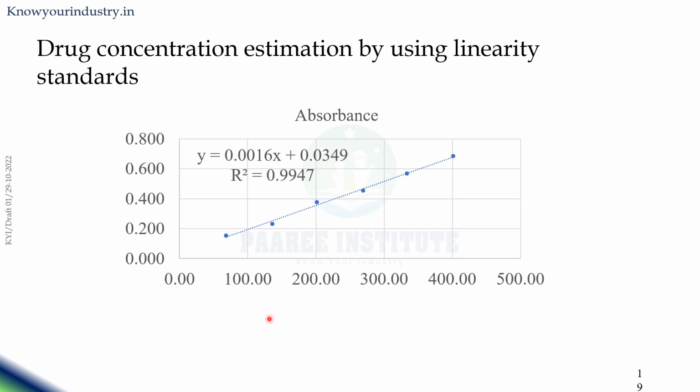So for example, you are getting the absorbance of the unknown sample in the range of 0.5. So you plot this 0.5 here against the concentration. If you put the 0.5 value in the y, it will give the x amount of drug present in the particular sample. So this value you will get from the instrument, and this value you will calculate from the formula y is equal to mx plus c from the linearity curve.